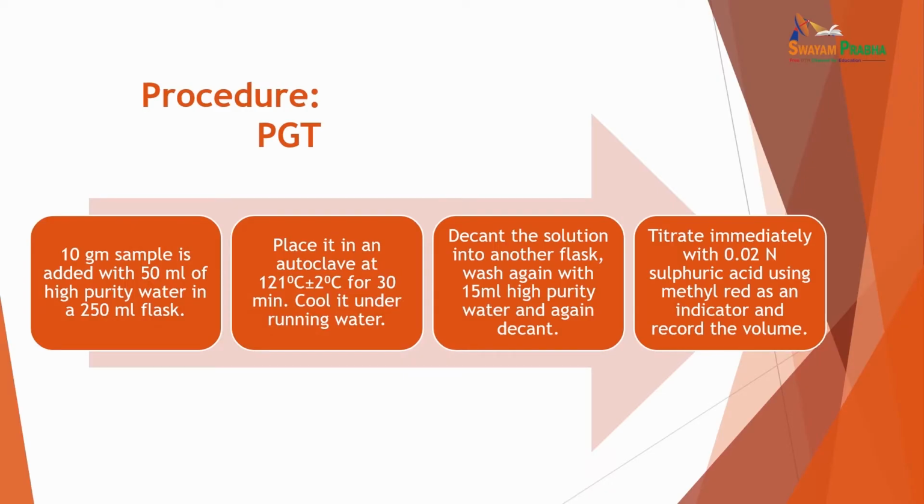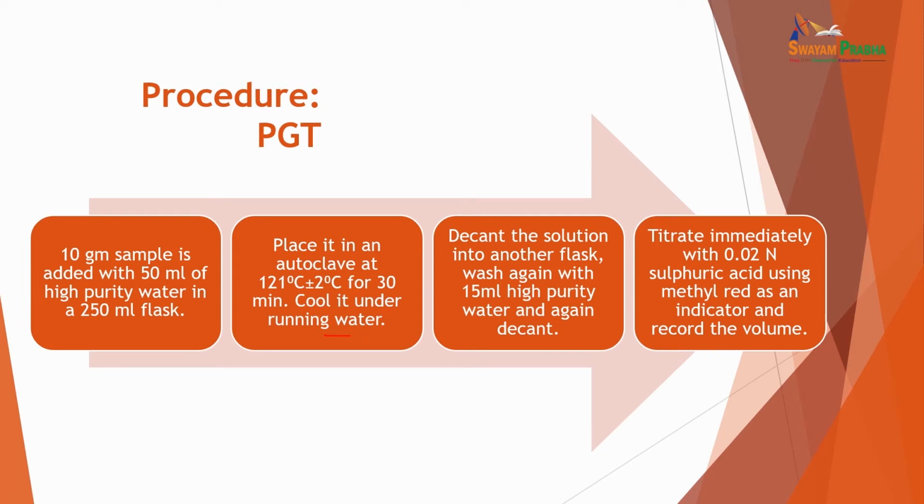Now what is the procedure of the powder glass test? 10 gram of sample is taken and added with 50 ml of high purity water in a 250 ml flask. Place it in an autoclave at 121 plus or minus 2 degrees Celsius for 30 minutes. Cool it under running water. Decant the solution into another flask. Wash again with 15 ml high purity water and decant again.